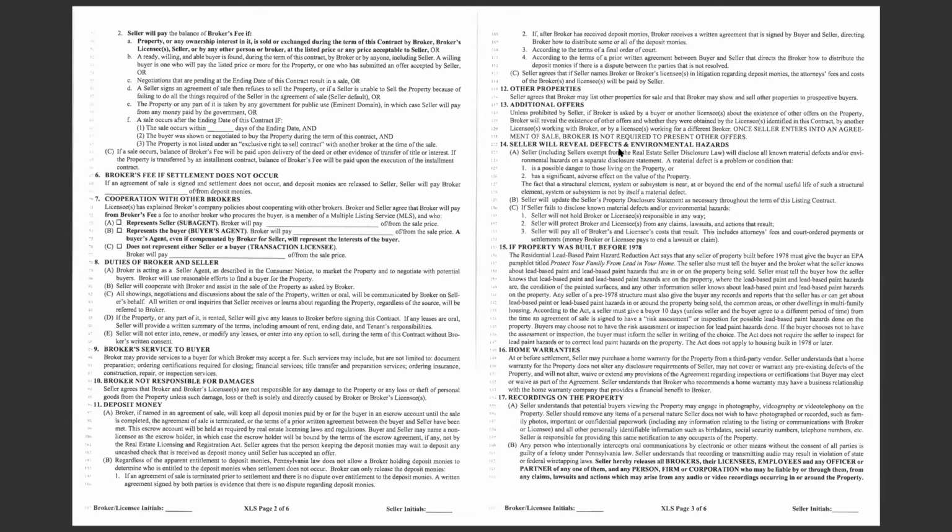The buyer has shown or negotiated to buy the property during the term of the contract, and the property is not listed under exclusive right to sell contract with another broker at the time of the sale.